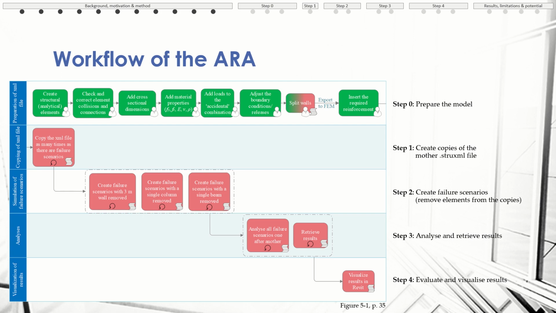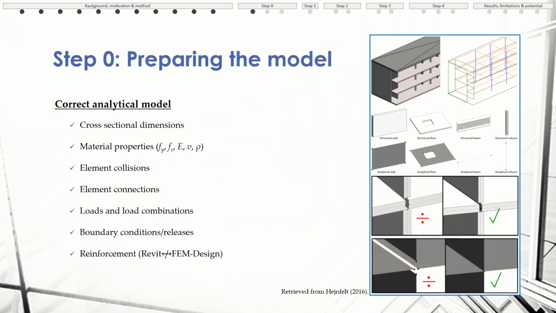So the first step we actually call step 0, in order to illustrate that this step is done manually prior to using the automated method that we created. These properties need to be present or defined in any of the models that want to be analyzed, and these are general requirements for any structure to be analyzed in some kind of software.